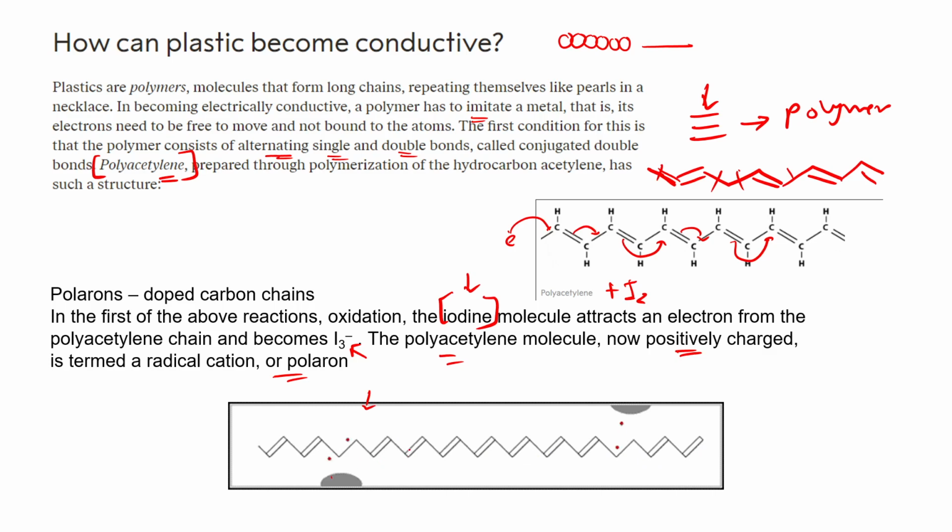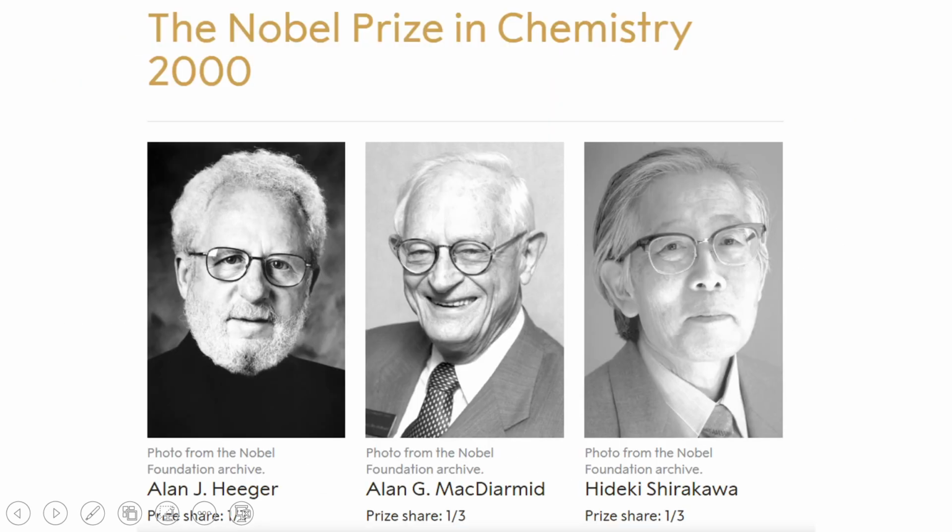That's basically the flowing of electrons from one place to another, which is the key principle of how to make a material conductive and how metal conducts. In that way they imitate that in a basic organic molecule, in this polymer system. That's the key finding of these three people, and for that they got the Nobel Prize.